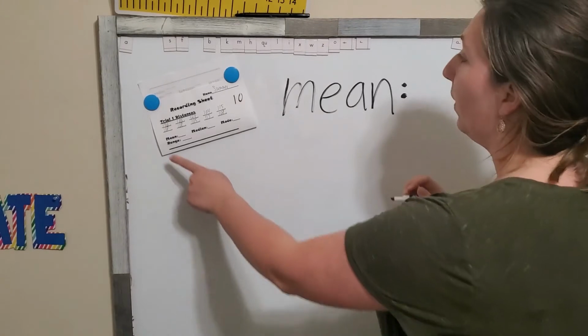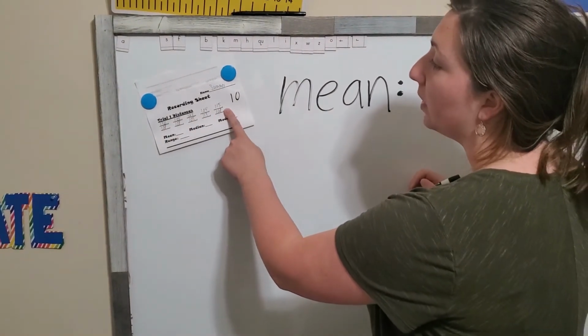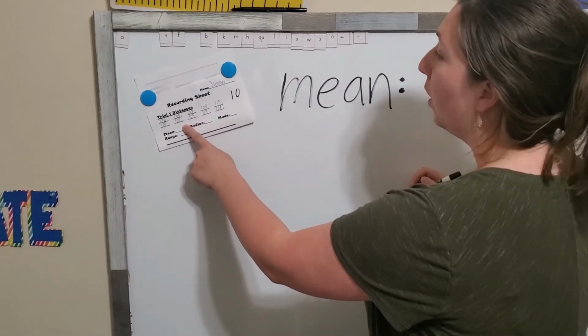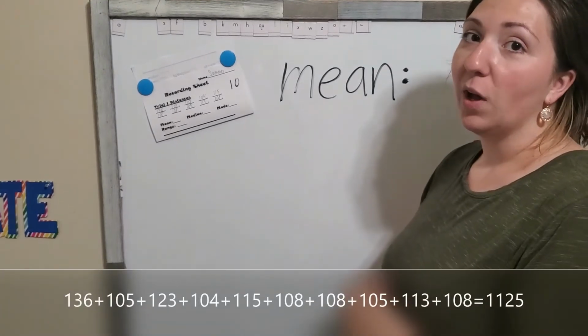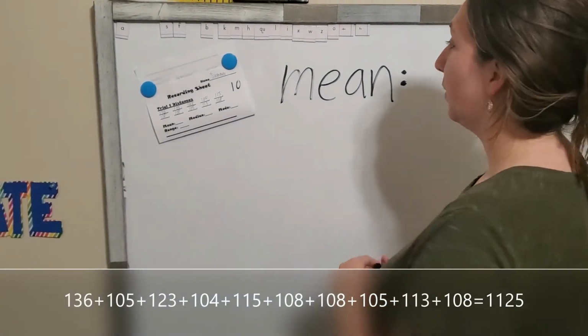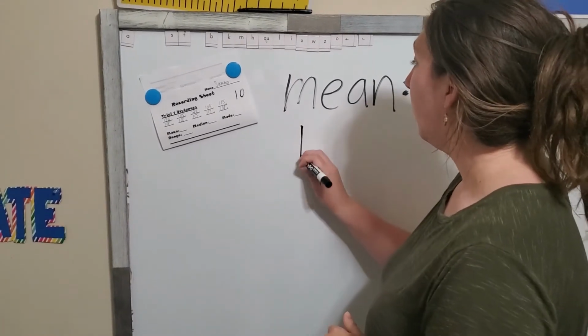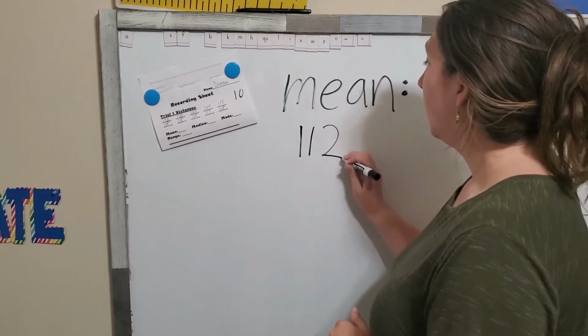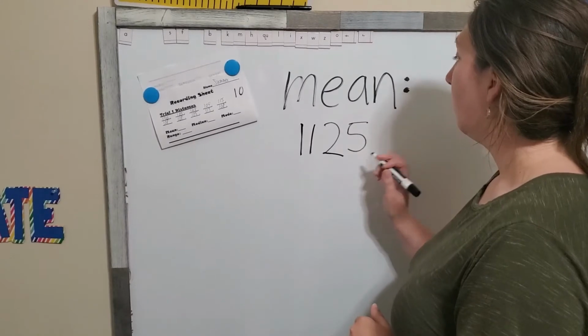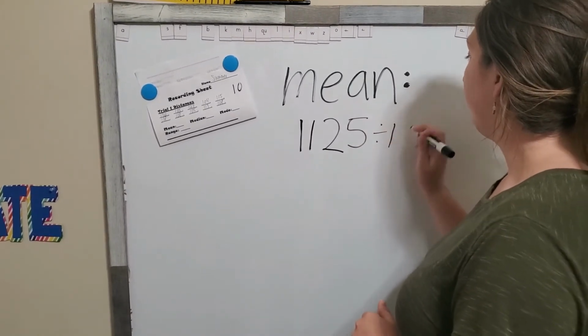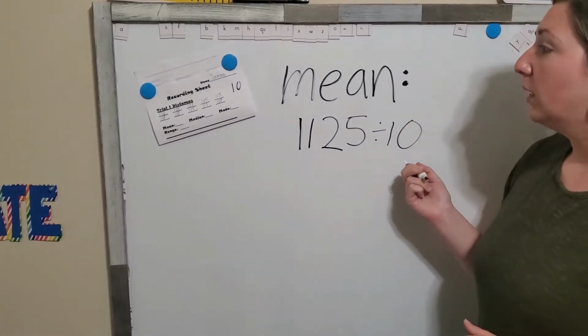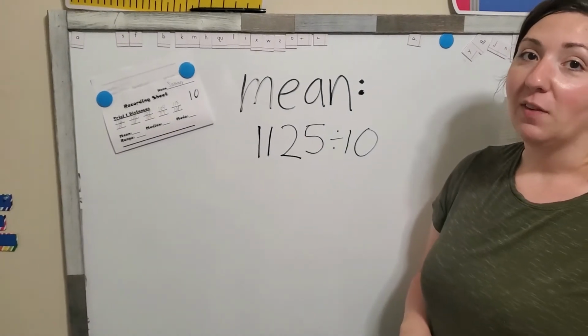So when we add all these numbers in our data set together, we get 1,125. Okay? So when we divide 1,125 by 10, we're going to get 125.5.